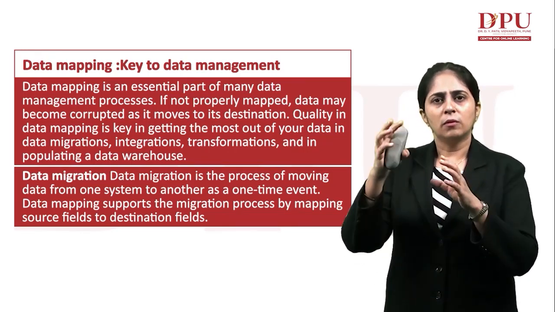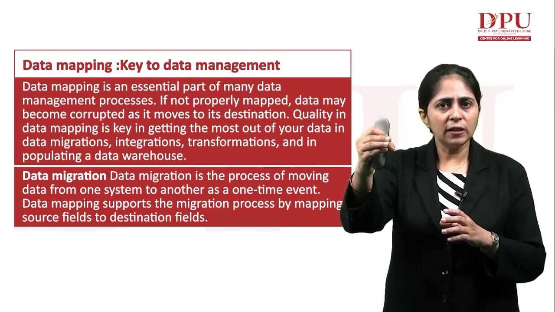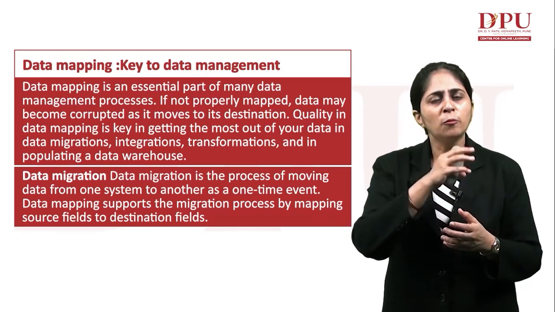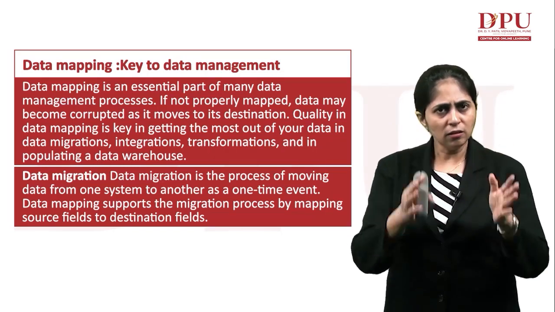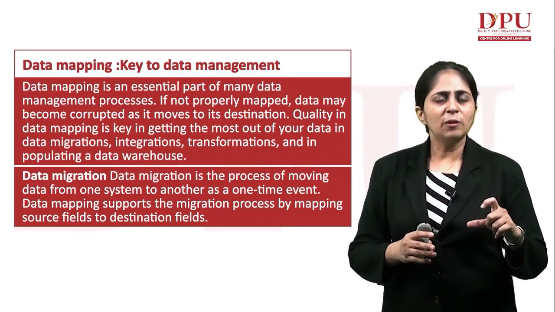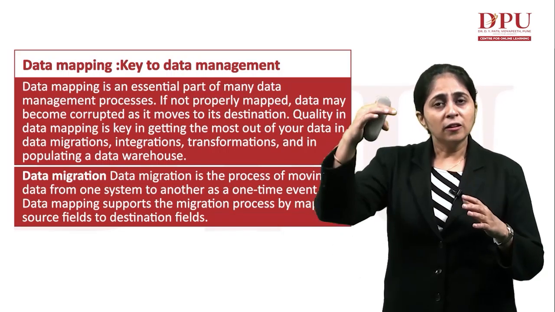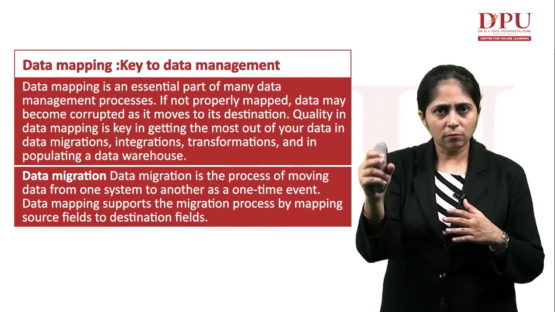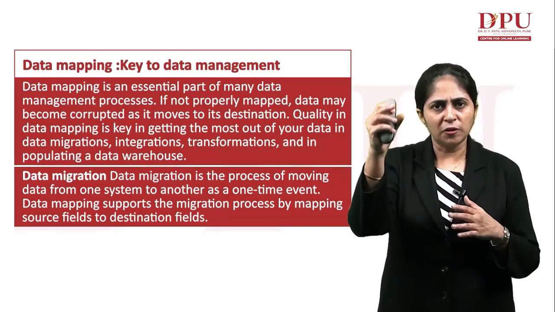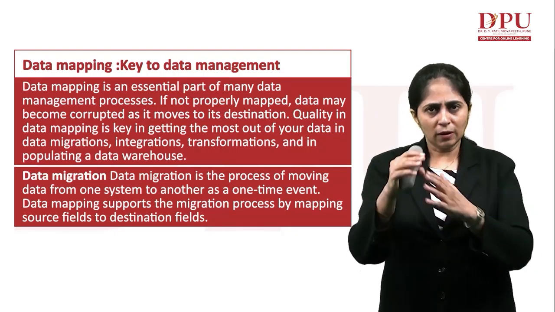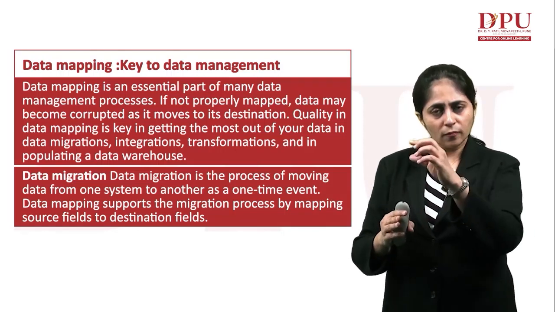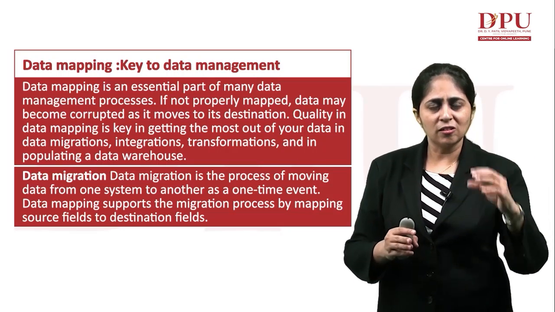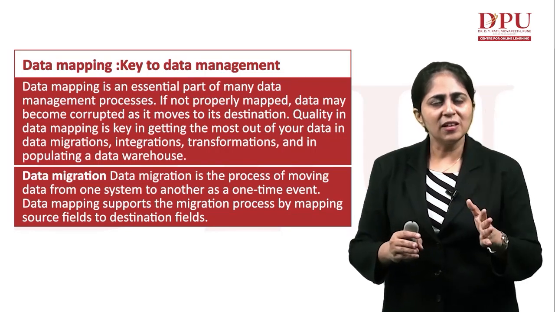That means it will take the data from one field, which will be considered the source. Now this data has to be moved to another location in another database. That will be known as the destination field. Now you have to map those things together, like if we are retrieving this roll number from a particular table, then this roll number has to be stored in the destination with the same name at the same place.